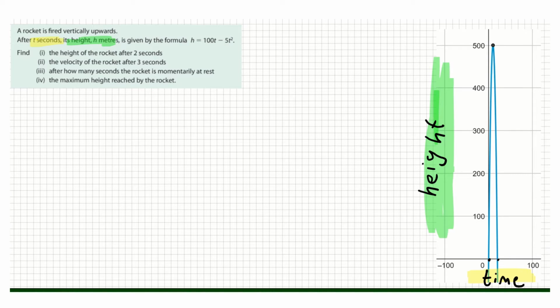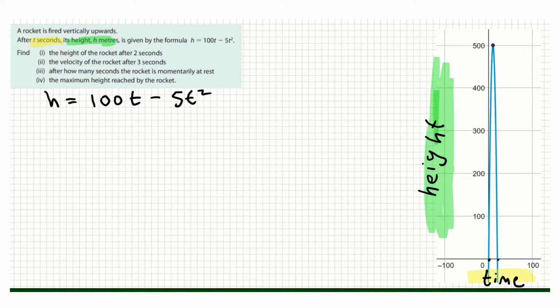So we're going to take our formula, h equals 100t minus 5t squared. So we know this is the relationship between the height and the time. Over time the height increases, stops, and then goes down.